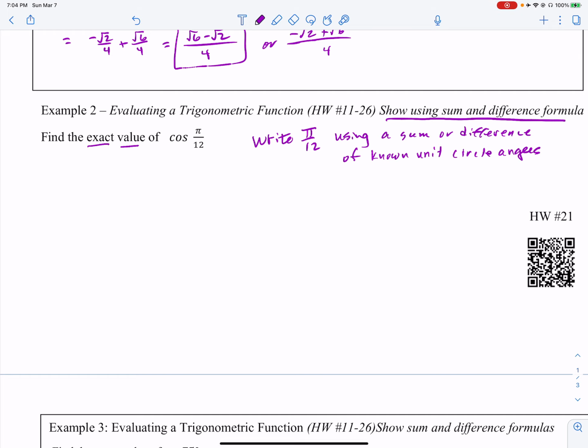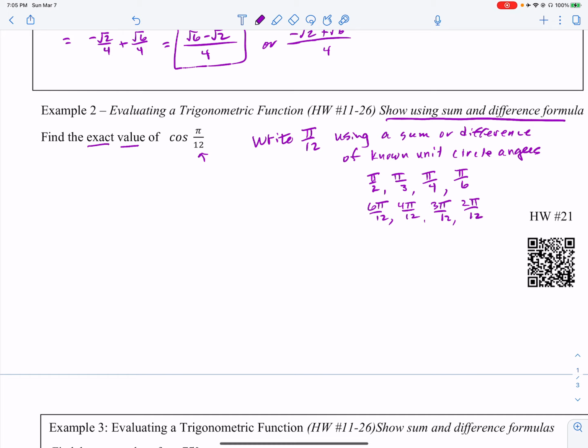So things like pi halves, pi thirds, pi fourths, pi sixths. And sometimes it helps if you take those and you get them where you have a denominator of 12, which this would be 6 pi 12ths. This would be 4 pi 12ths. This would be 3 pi 12ths. This would be 2 pi 12ths.